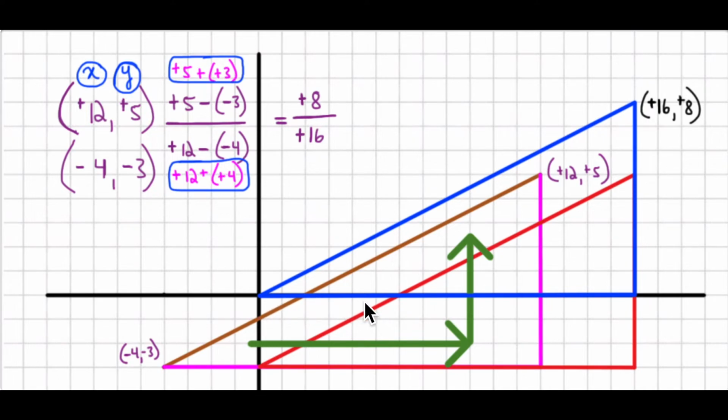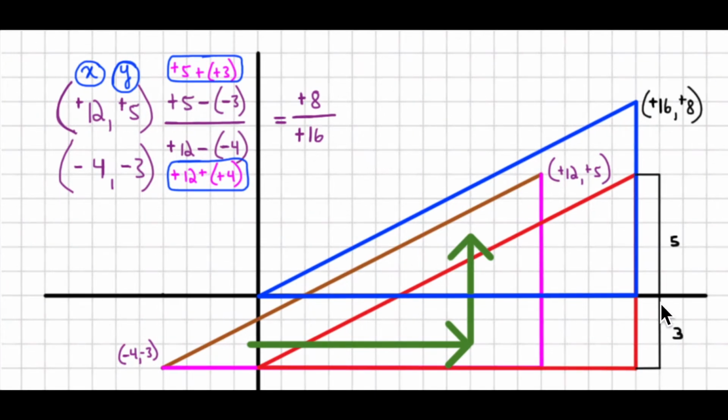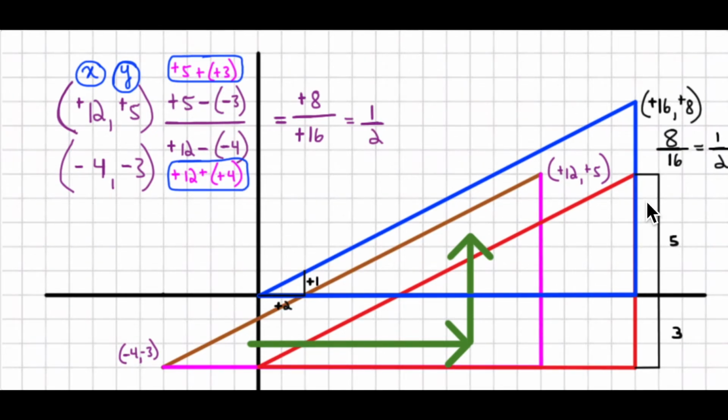And so the x-coordinate is the length along the horizontal side, and the y-coordinate is the length along the vertical side. So here are these 8 units. So this triangle is sliding up 3 units. So this total length right here is 8 units. And so that relationship between the length along the y-axis compared to the length along the x-axis is 8 to 16, or 1/2.